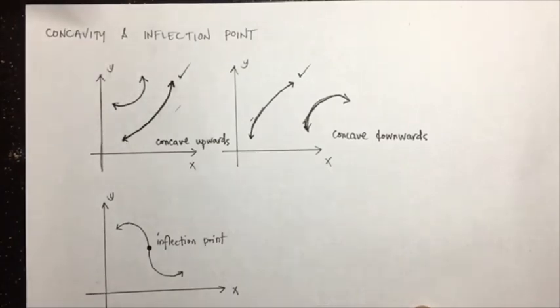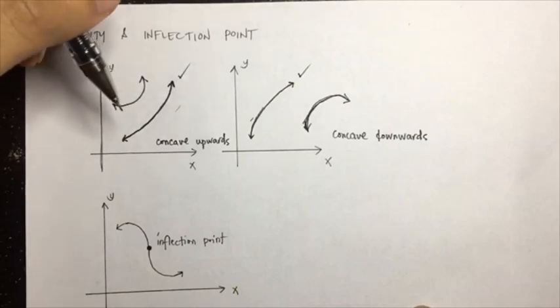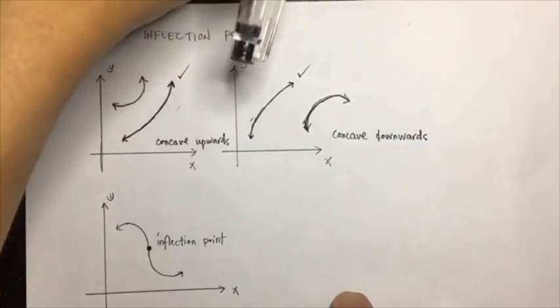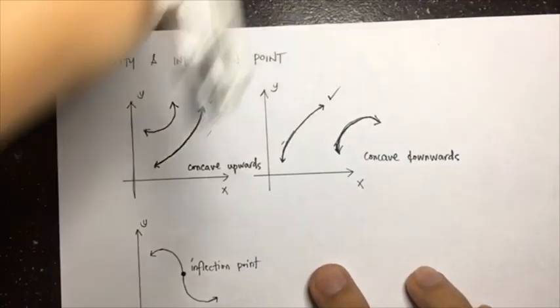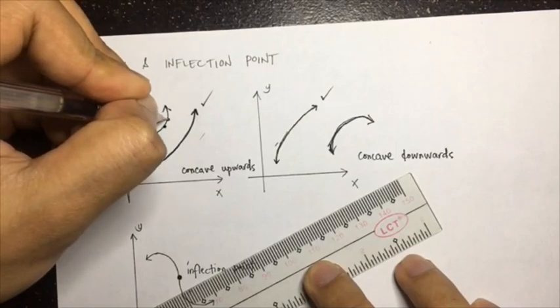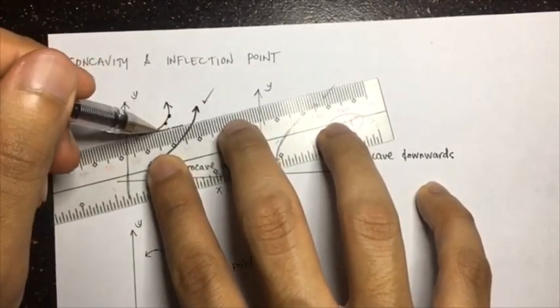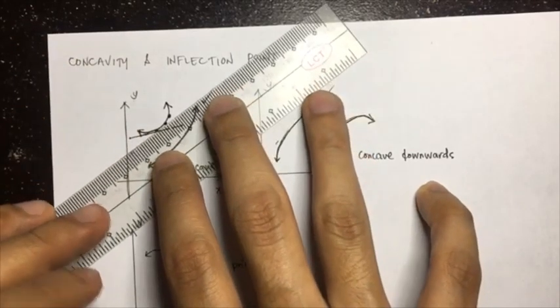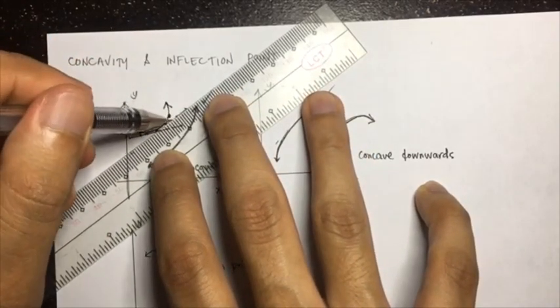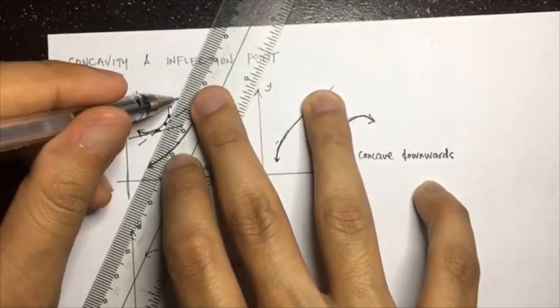However, if we try to look at the rate of change of the slope of the tangent lines, you can see that if it's concave upwards, let's say we have these tangent points, as we go from left to right, the slope of the tangent increases.